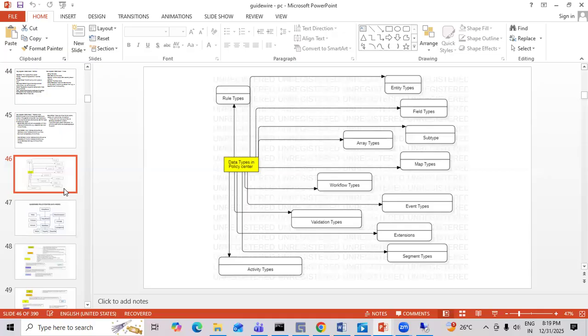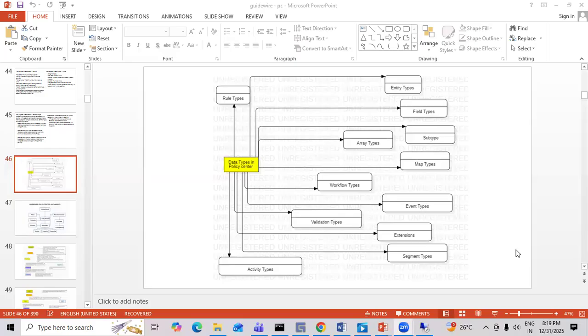Next, segment types. Activity types. Understood? These are all the data types that we have.